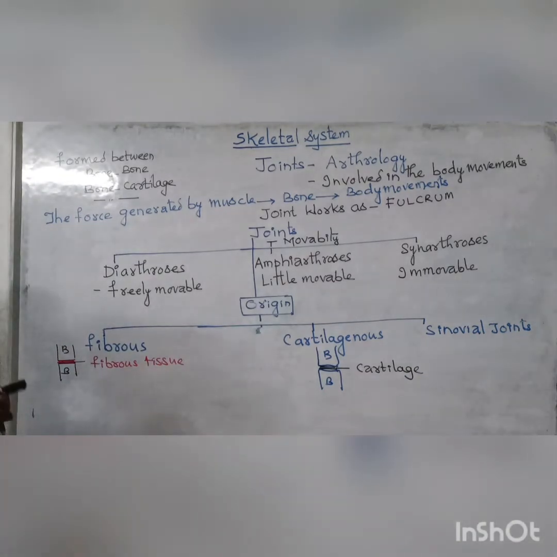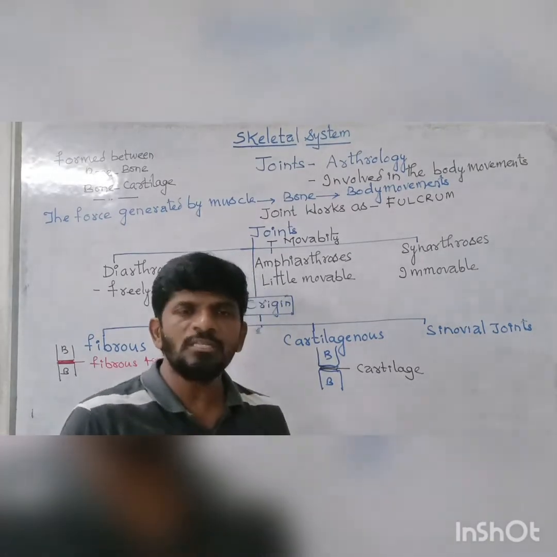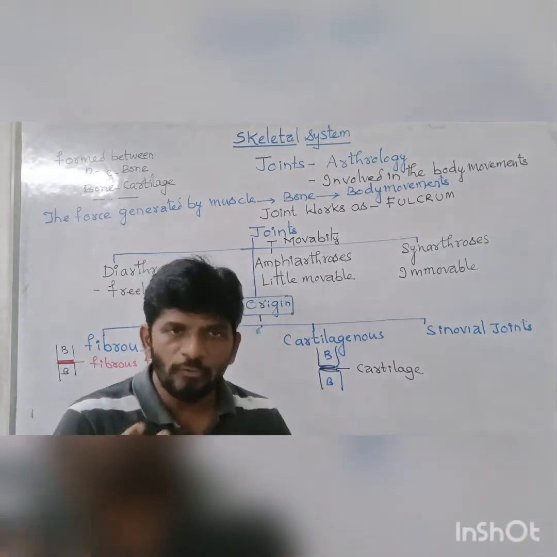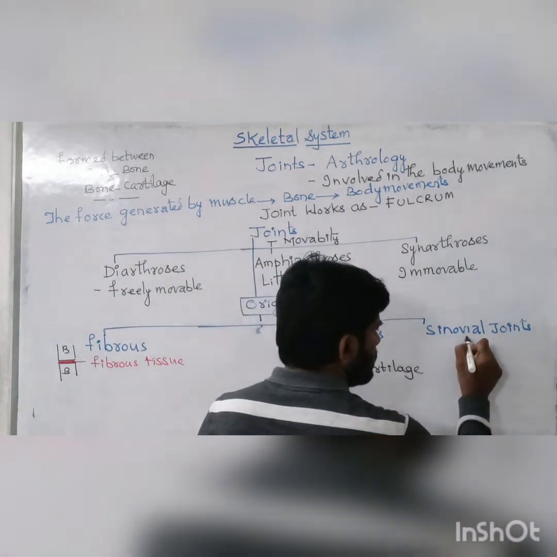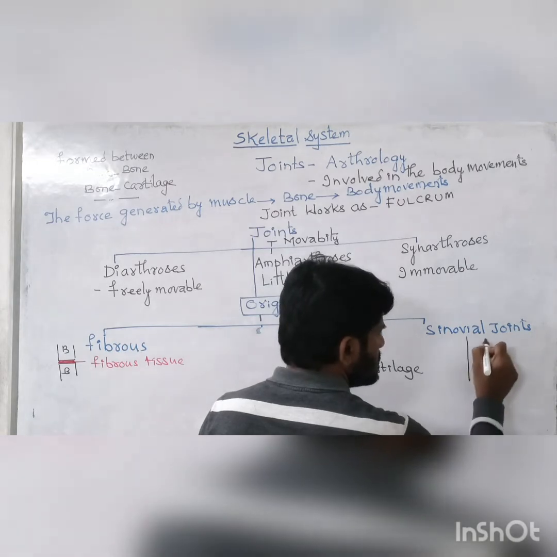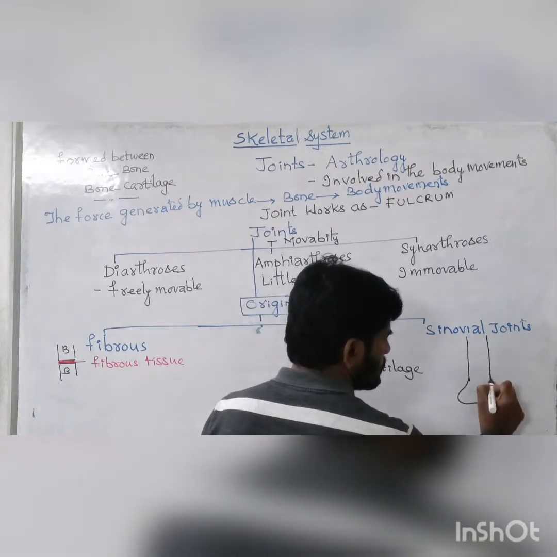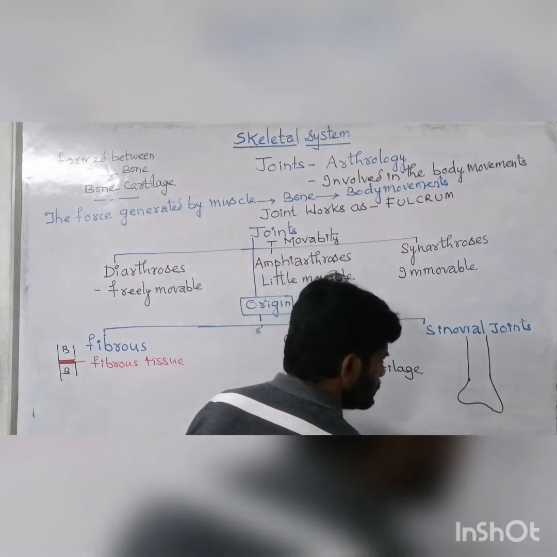Then what is the meaning of a synovial joint? The synovial joint is the only joint that has a synovial cavity and synovial fluid. See this. Synovial joint: it is a bone and this is another bone.